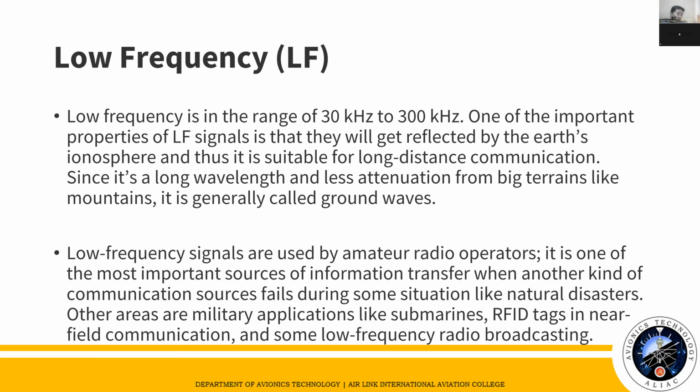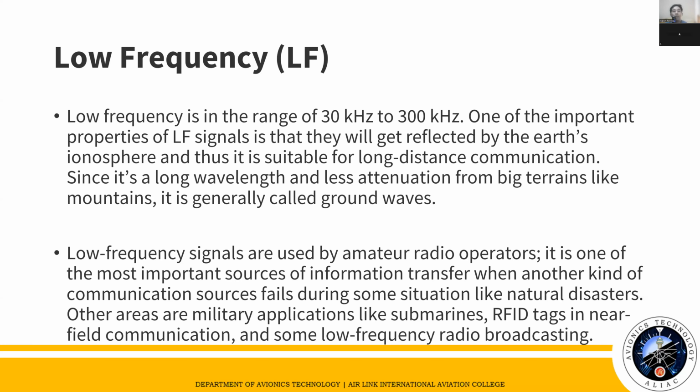These low frequencies are used by amateur radio operators and are one of the most important sources of information transfer when another kind of communication source fails. They are also used in military applications like submarines, RFID tags in near field communication, and low frequency radio broadcasting.